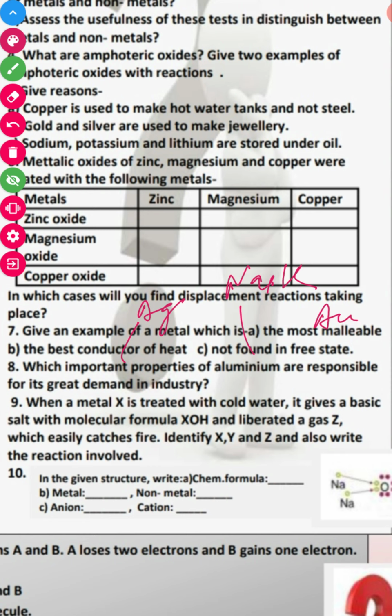Question number 9. When metal X is treated with cold water, it gives a basic compound with the molecular formula XOH and liberates a gas Z, which easily catches fire. Identify X, Y, Z. So students, in this case, first of all we will write the equation.